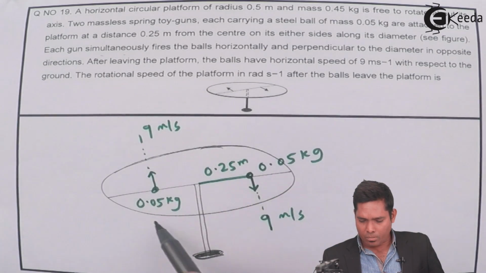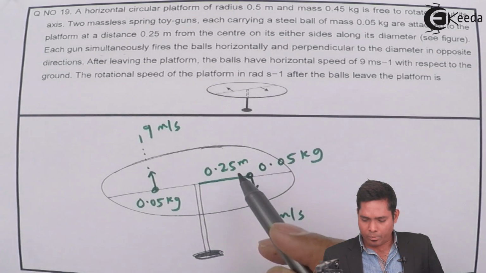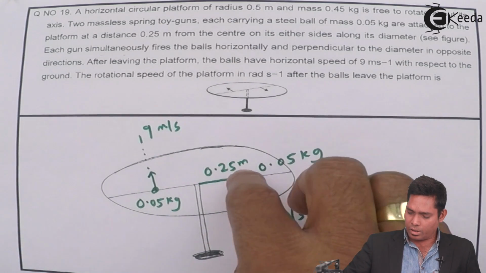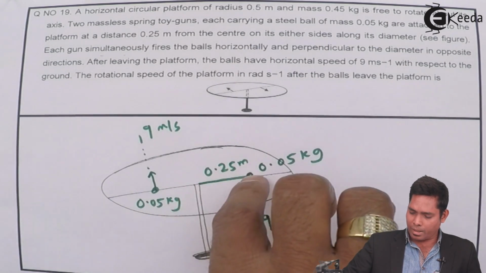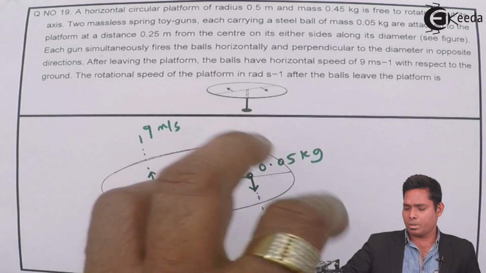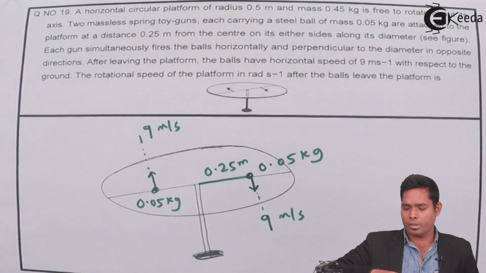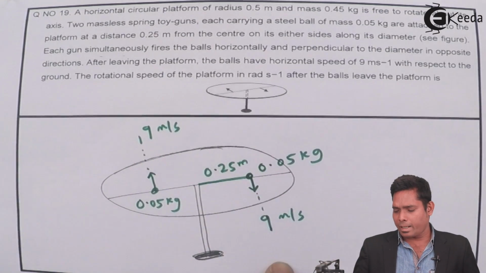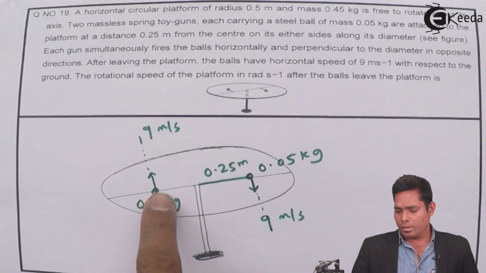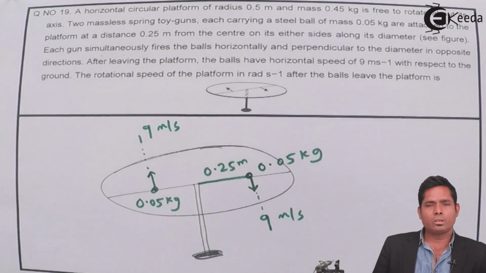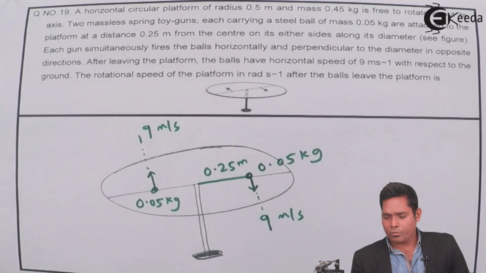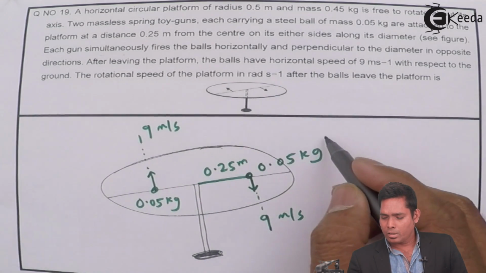So this platform will rotate because this mass is creating angular momentum in a clockwise sense. This is also in a clockwise sense. So when you fire a ball from here it moves like that, and this also moves like that, and the platform rotates with a certain angular velocity.